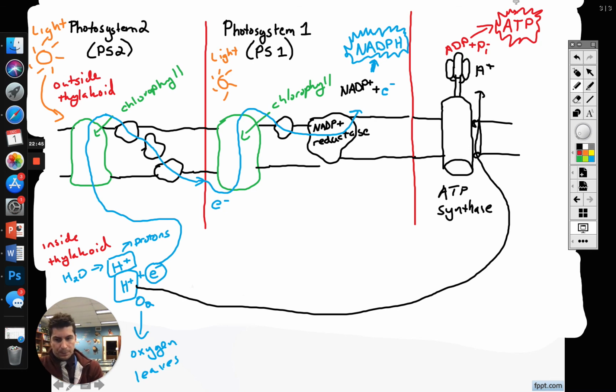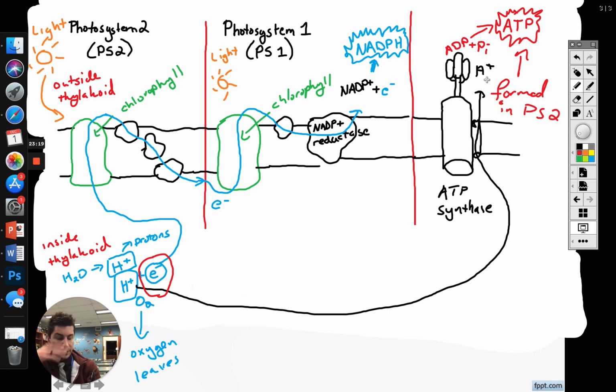Steps of photosystem 2: we split water. We absorb sunlight. The electron, this guy right here, goes through photosystem number 2, gains energy, loses energy, and then goes to photosystem number 1. Along with the water being split in photosystem number 2, we form ATP.